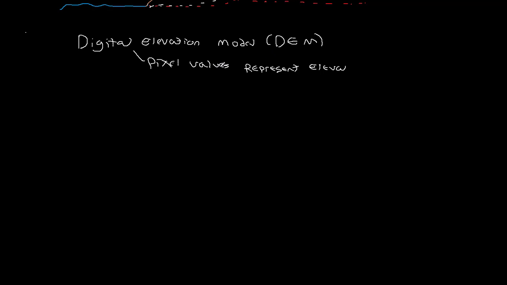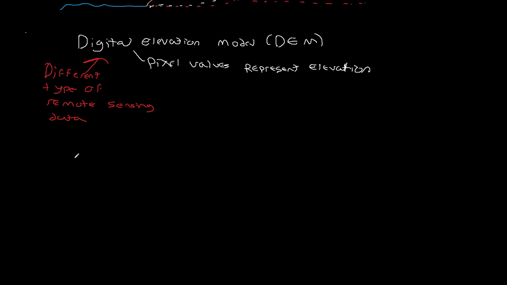But with the digital elevation model, the pixel values now represent elevation. This is a different type of remote sensing data.